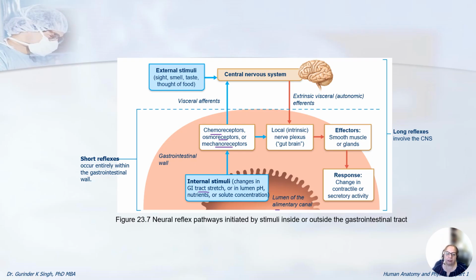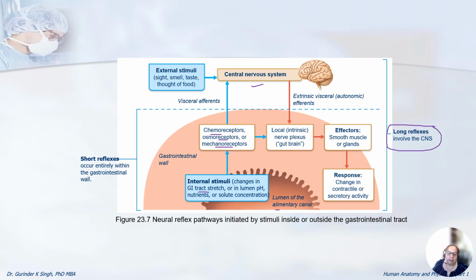Then they can communicate with the central nervous system too, and the central nervous system can exert its control through the smooth muscles. If the central nervous system is involved, then we call these long reflexes.